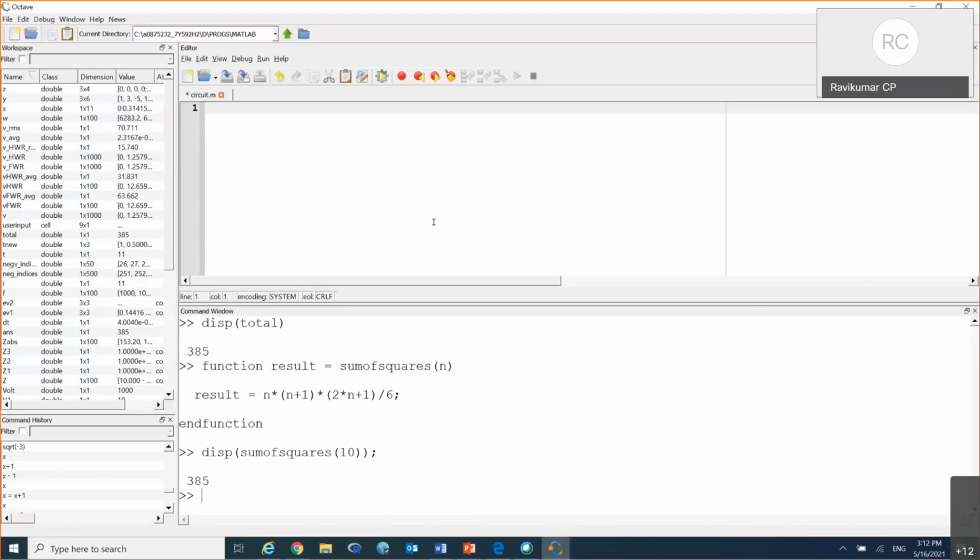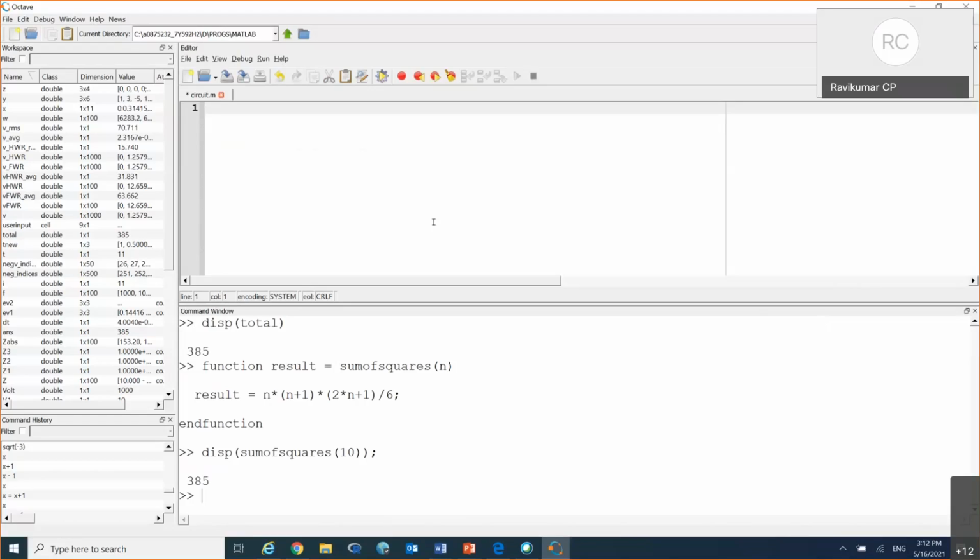So let us write one more function. Let us say we want to return the area of a triangle, and maybe the perimeter of a triangle.